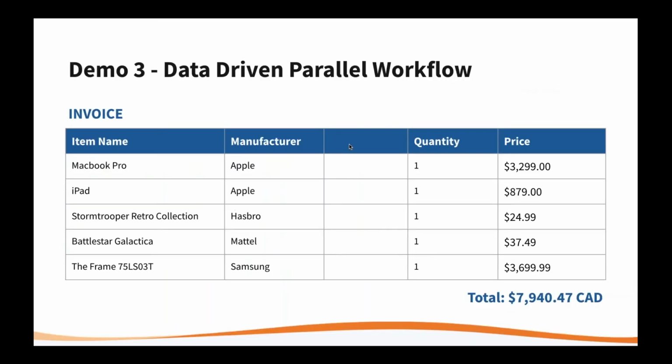So here we go. The first one, the scenario, is an invoice. We're processing an invoice that has a bunch of row items. The idea here is that each of the row items can be processed individually.